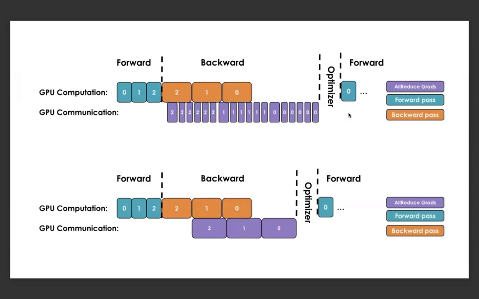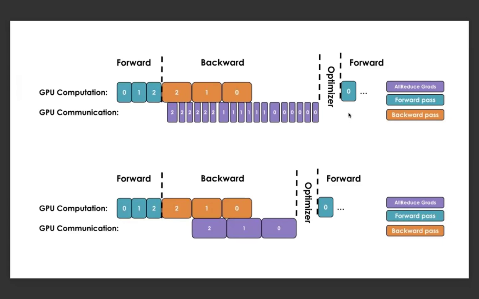So the next optimization that they propose is that instead of sending these small gradients one by one for each layer, let's accumulate these gradients in chunks. So for instance, let's accumulate the gradients for the final layers, accumulate the gradients in a batch for mid layers, and create a batch for the first layers.